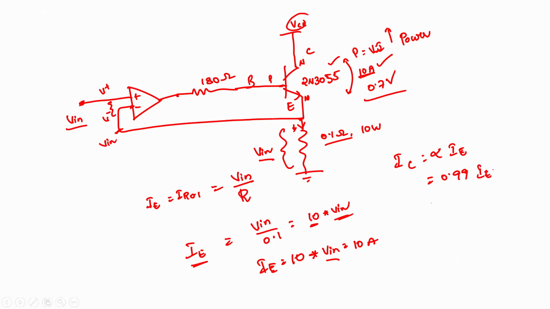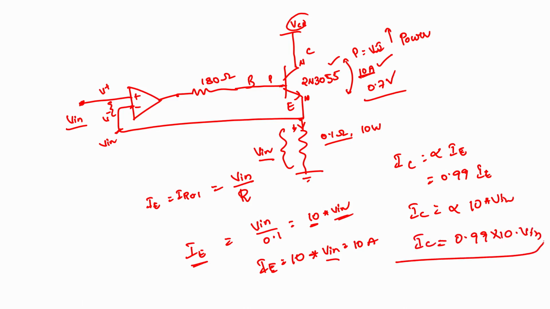So, IC value will be alpha times 10 into Vn. So, if I know Vn, 0.99 into 10 into Vn is the relation between IC and Vn. But our intention was not about the relation between Vn and IC, we should understand how it is responsible to generate heat on the transistor, right.